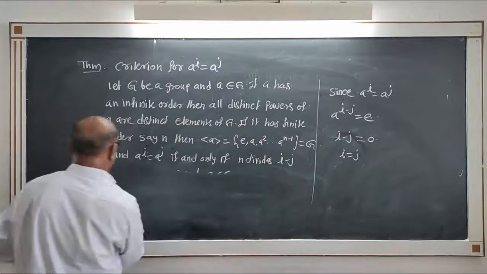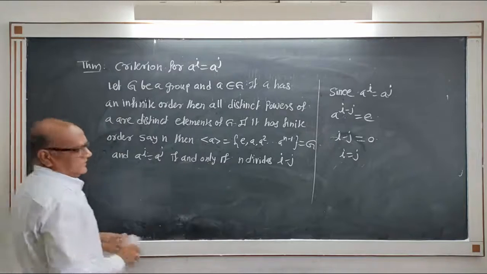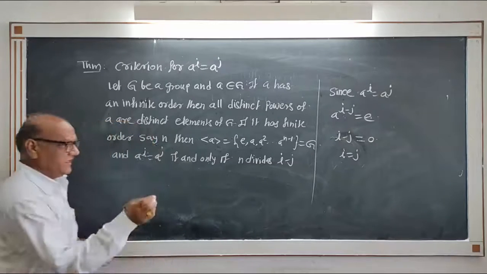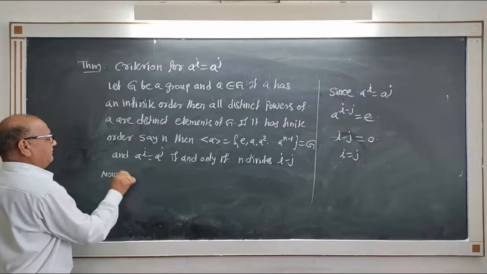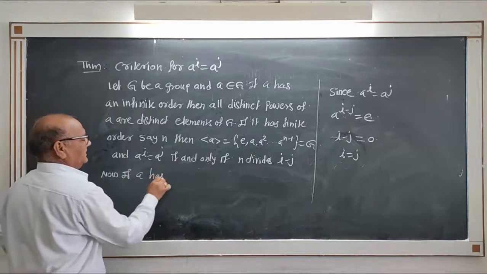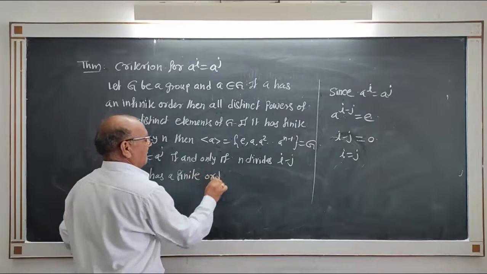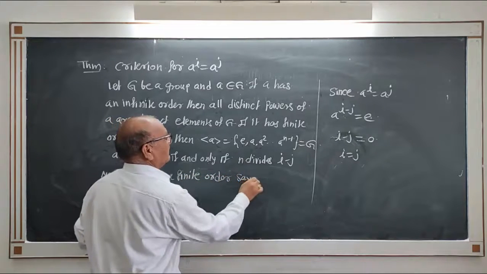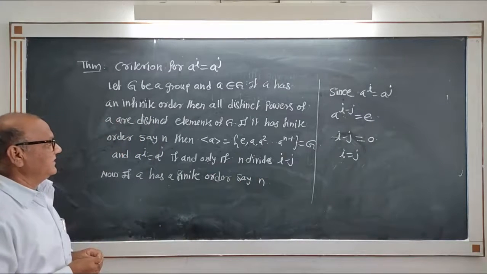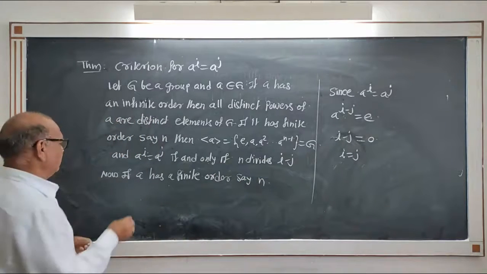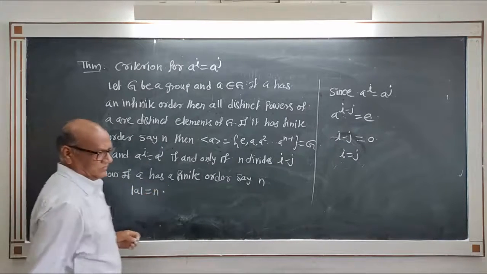Now take a has a finite order, say n. That means the order of a is equal to n.